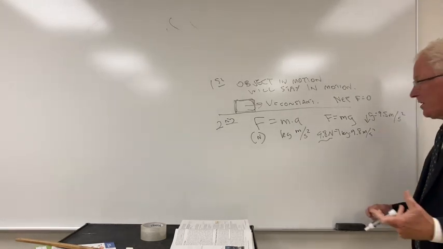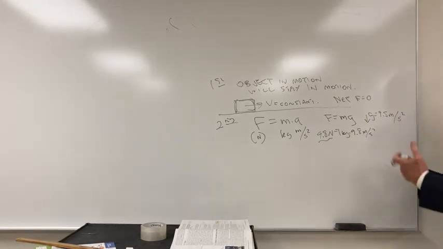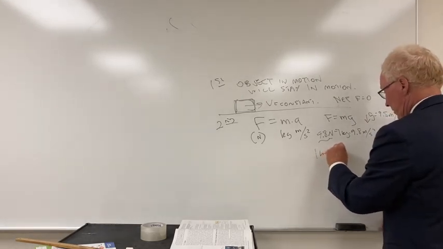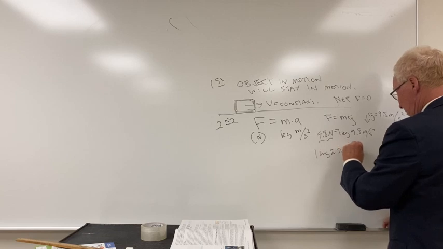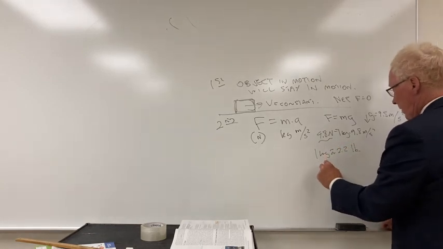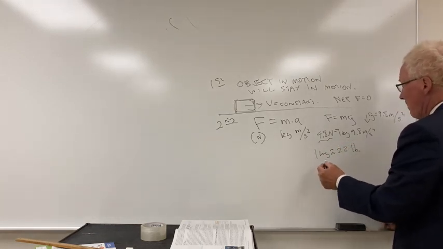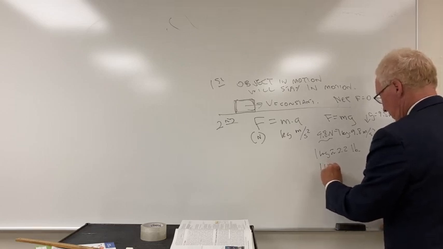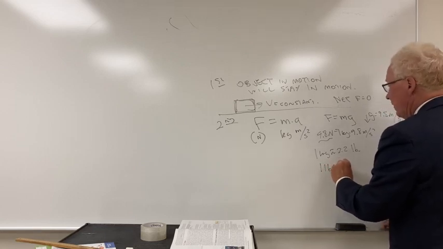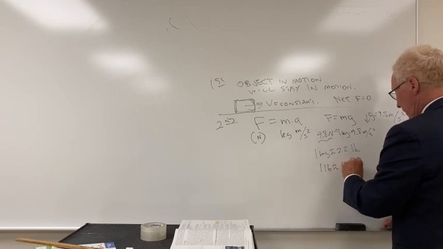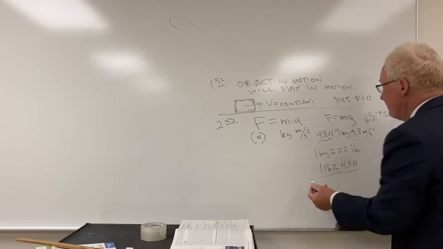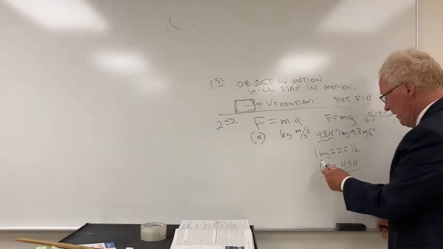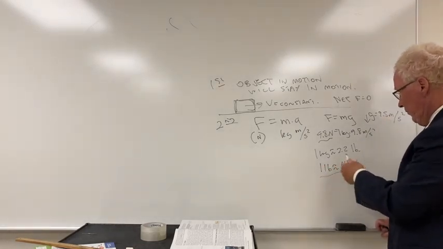Now, for just a sense of understanding, 1 kilogram on Earth weighs about 2.2 pounds. So one pound is approximately 4.5 newtons. All right. So 1 pound is about 4.5 newtons.